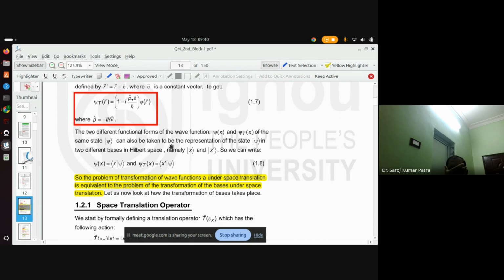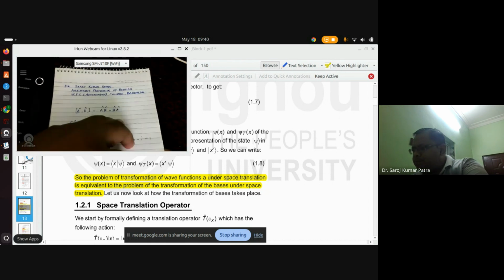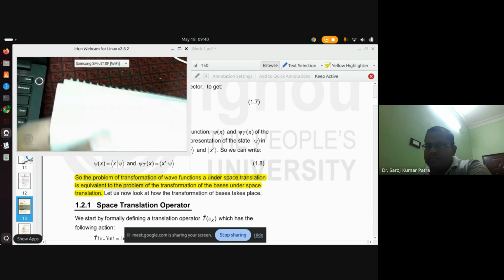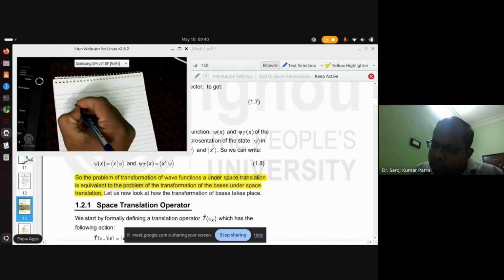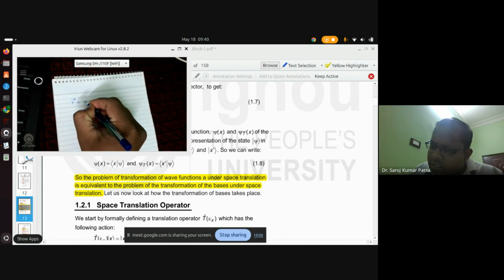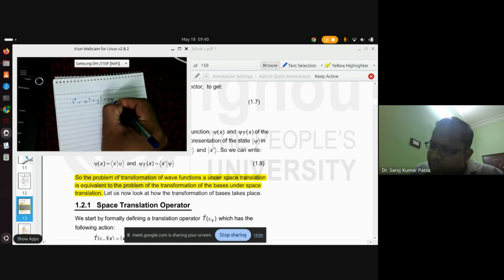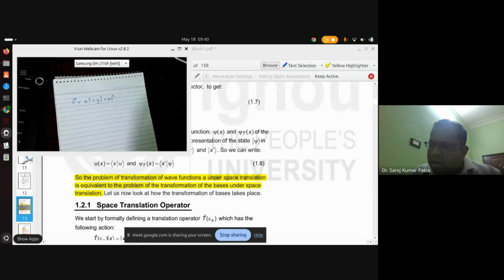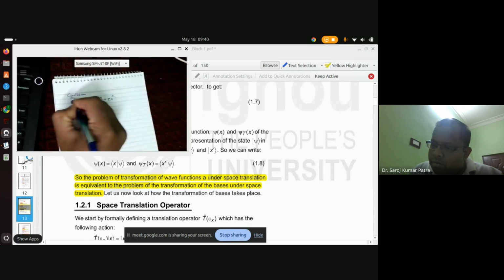Let's say that the position vector can be expressed in terms of... So the r vector can be represented as x i cap plus y j cap plus z k cap, right? Now, this is in Cartesian form, right?